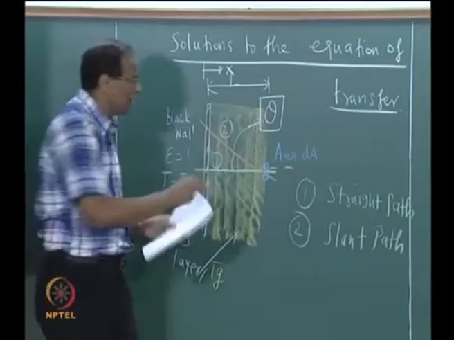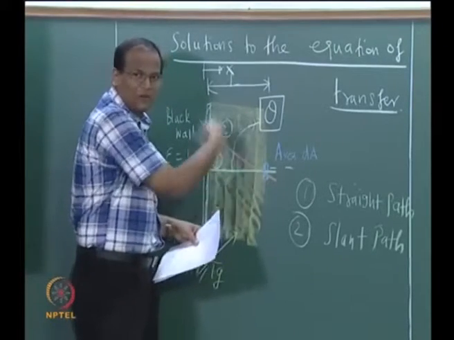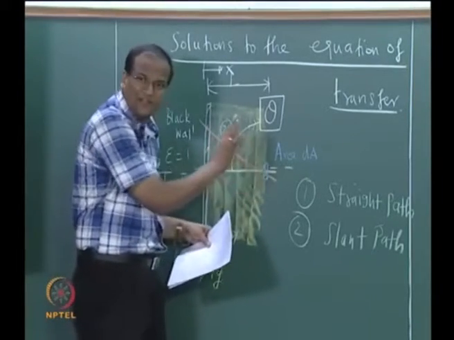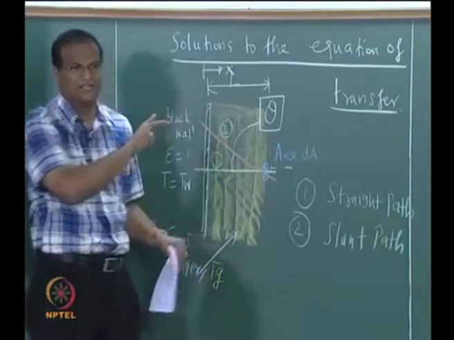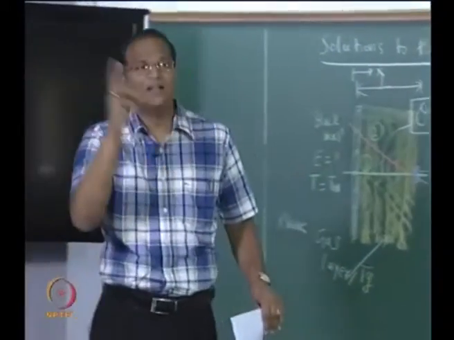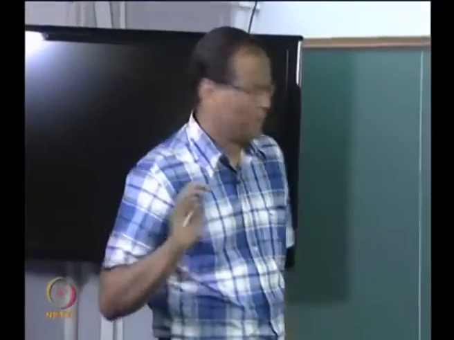Then there is also separately a component because of the emission from the gas which is also arriving here. There is a transmission by the gas, and there is emission from the gas, alright.